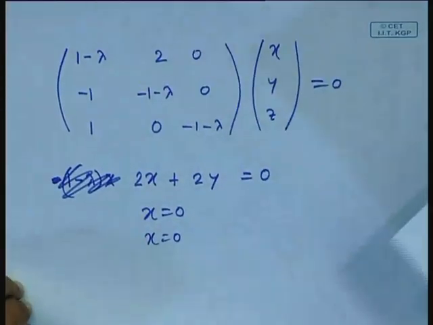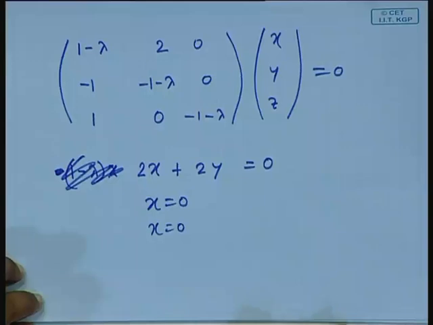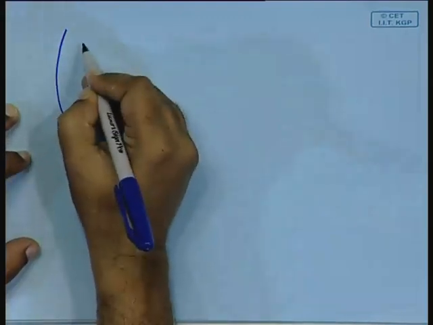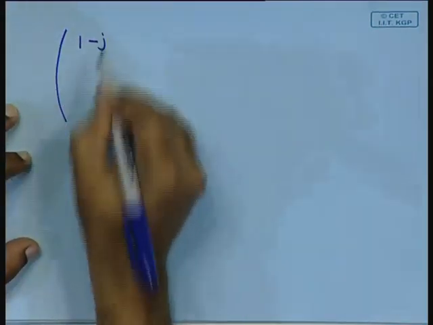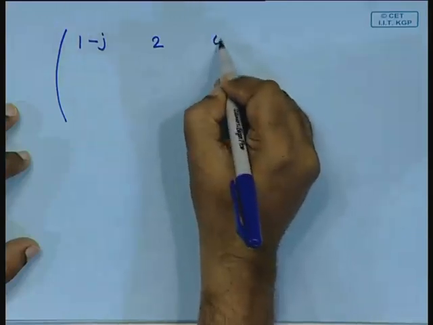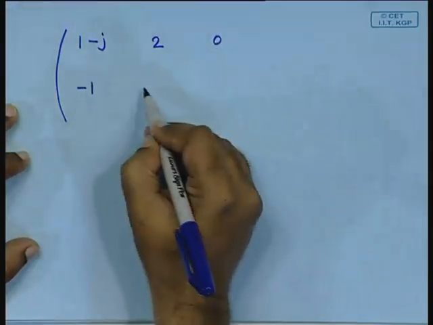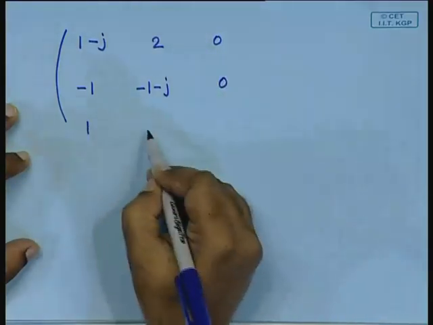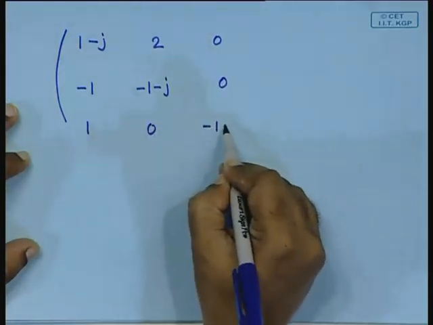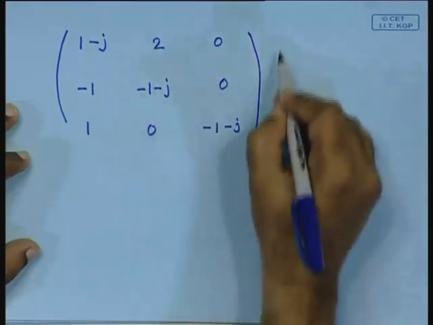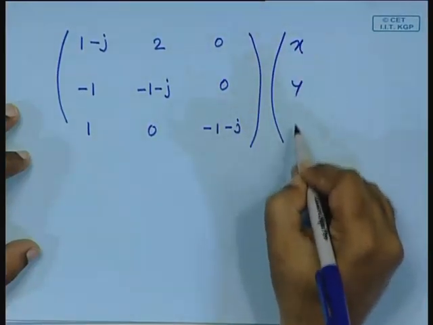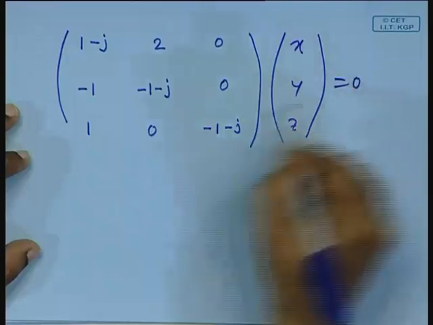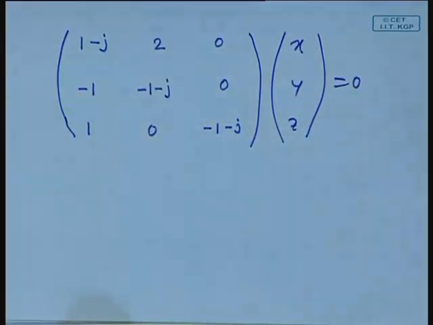Similarly, you do this for say plus j. If you take it as plus j, let me do it because it might be a bit confusing. 1 minus j, 2, 0; minus 1, minus 1 minus j, 0; 1, 0, minus 1 minus j, times x, y, z is equal to 0. Fine.